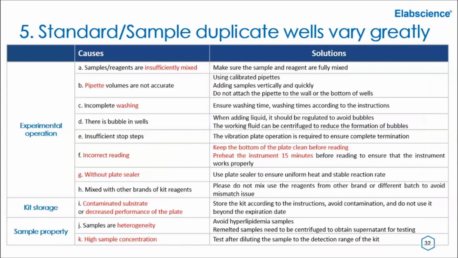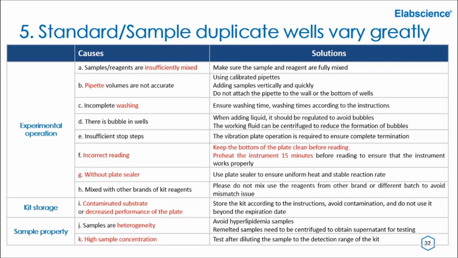Okay, for the above three situations, we can classify the causes of this kind of abnormal results as improper experimental operation, improper kit storage, and unqualified sample property.